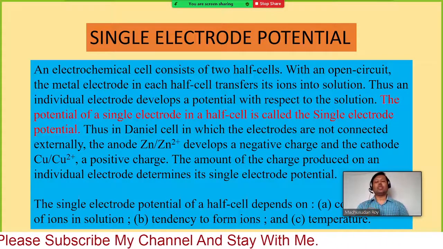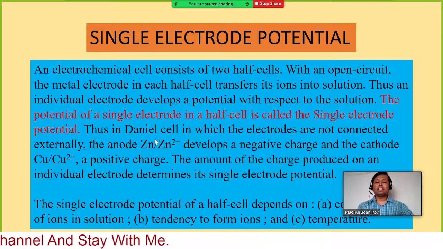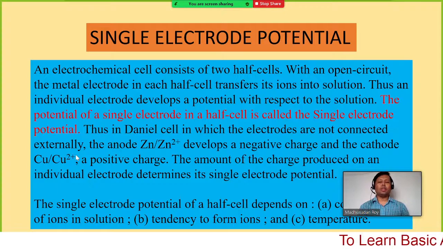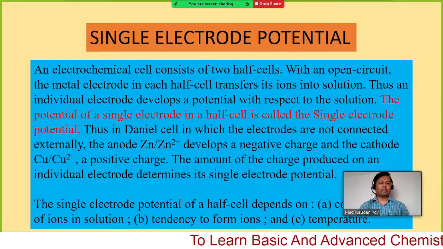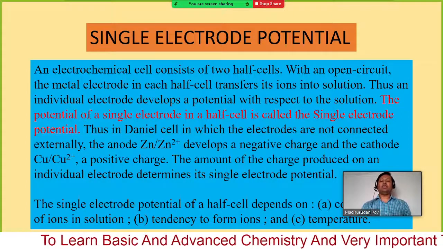So, for example, in the Daniell cell, in which the electrodes are not connected externally, that means if you are not using the cell, what will happen?